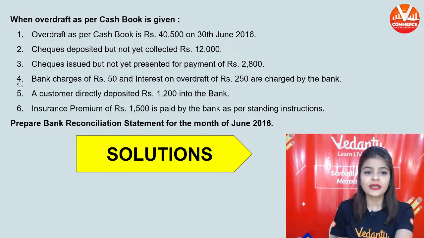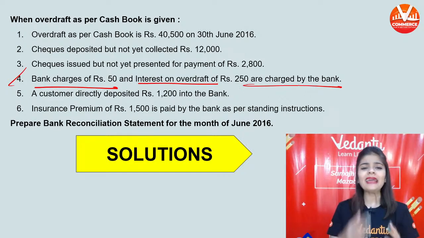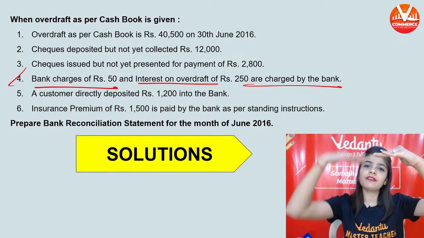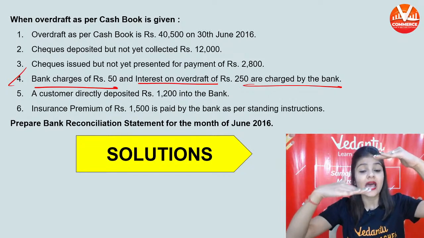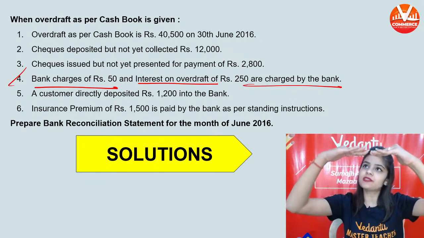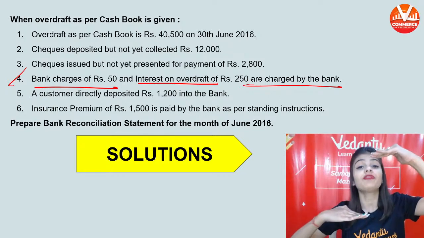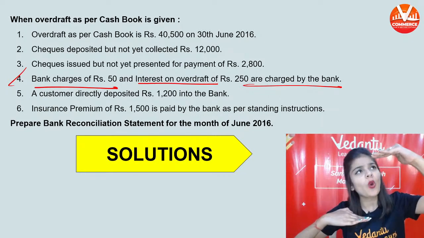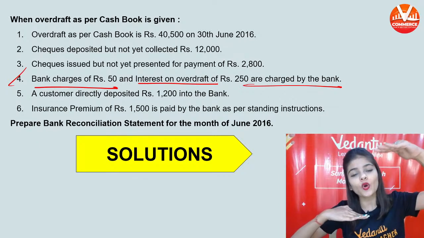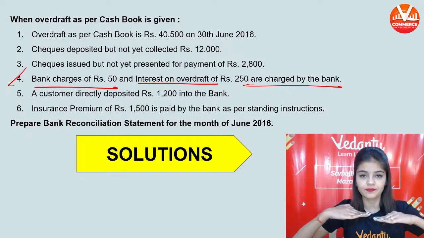The next transaction is bank charges 50 and interest on overdraft charged by the bank. The bank has deducted 50 rupees for bank charges and 250 for interest from your account. So what will you do in the cash book?